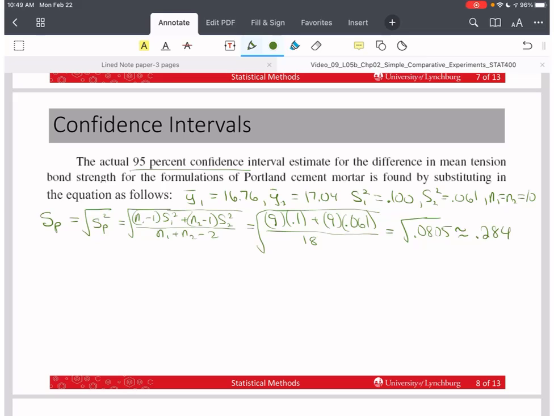The book rounds all these values and creates a relatively large rounding error. The computer will not do that. We should not do that, but to be consistent with what the book has, I will do that.